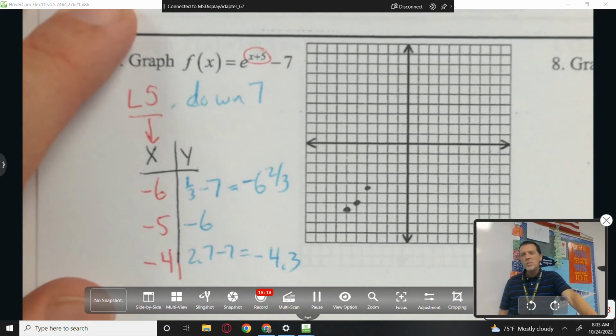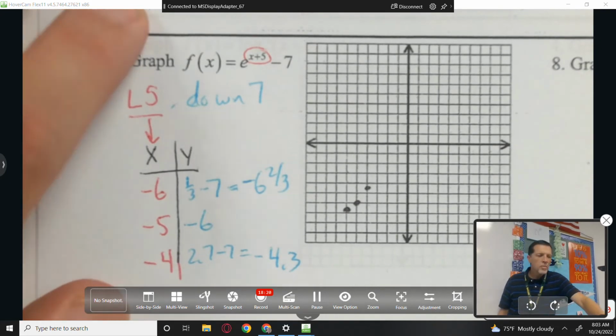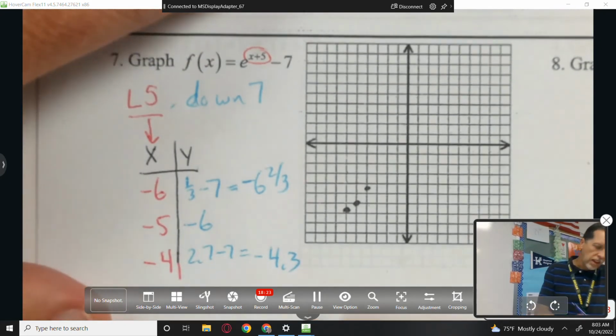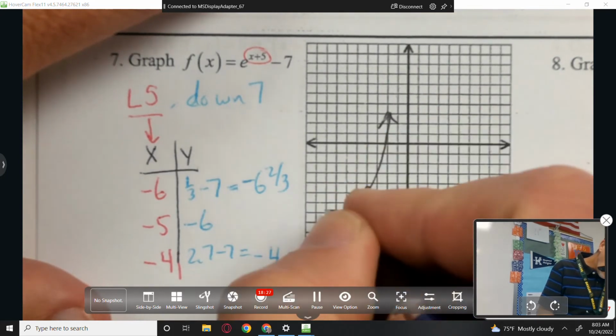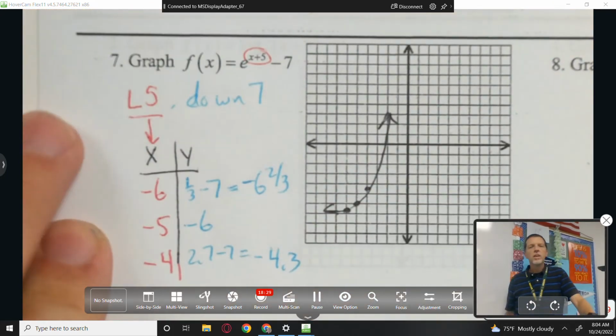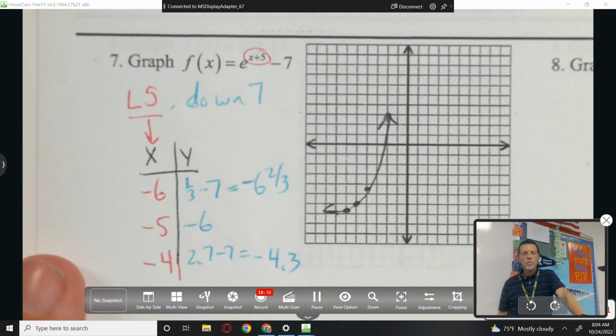Okay, only 3 points. They're kind of close together, but we know what the original shape looks like, so I can still sketch in what e to the x looks like.